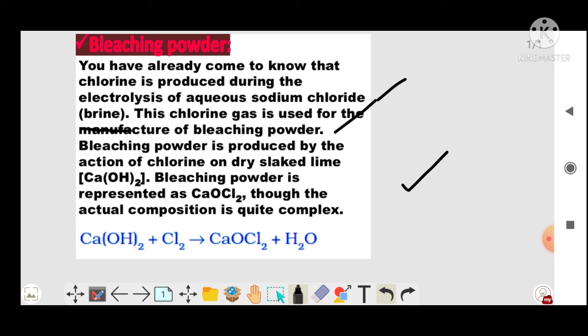Bleaching powder is produced by the action of chlorine on dry slaked lime. And what is dry slaked lime? This is calcium hydroxide, Ca(OH)2. Bleaching powder is represented as CaOCl2, though the actual composition is quite complex.